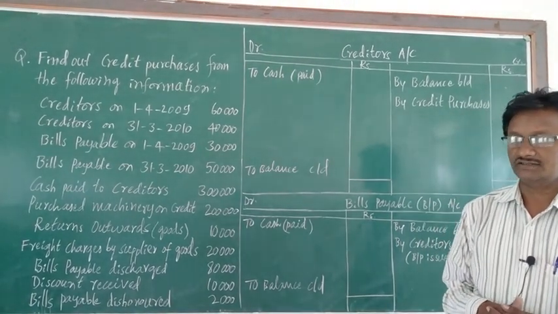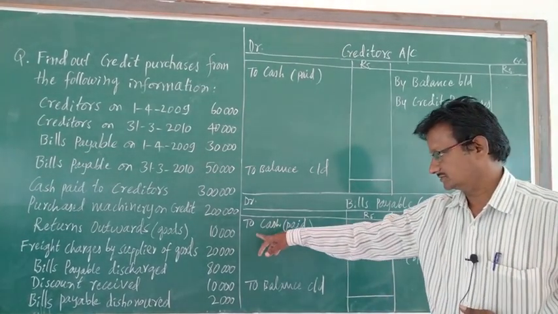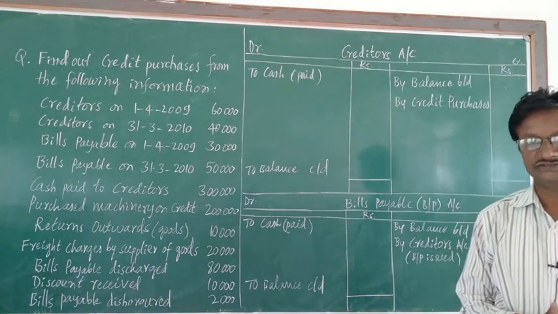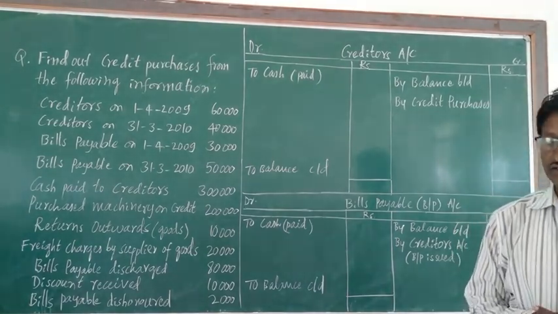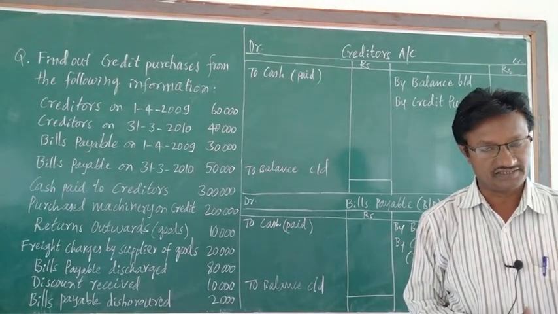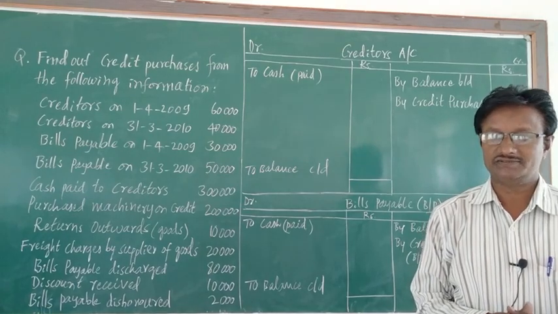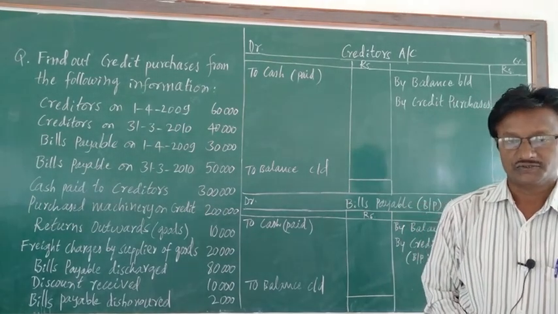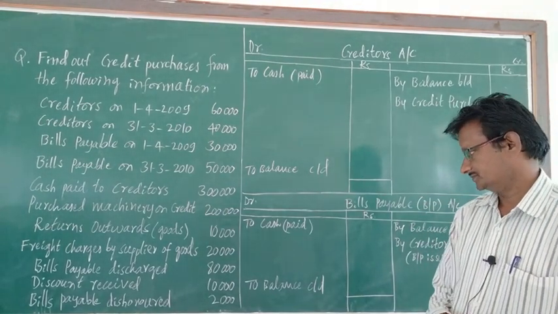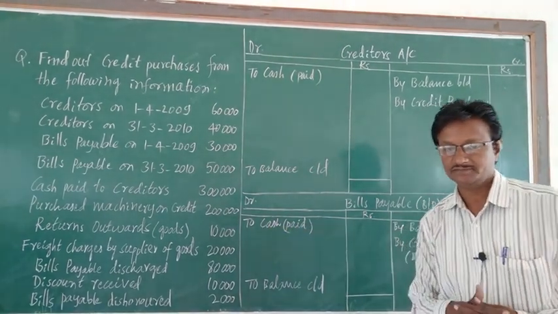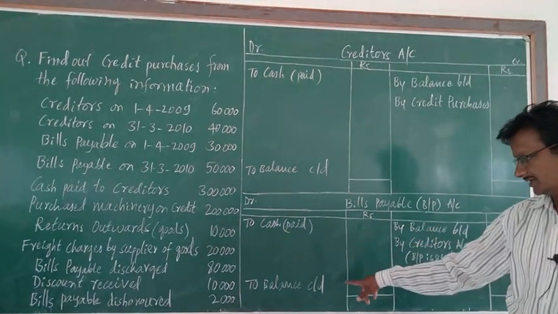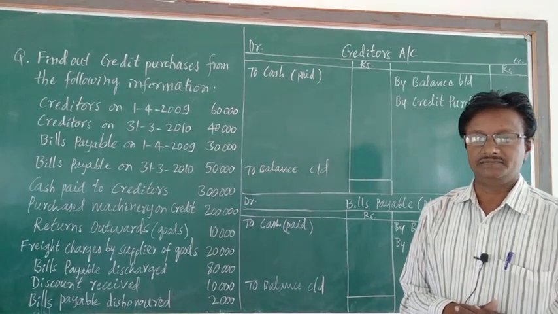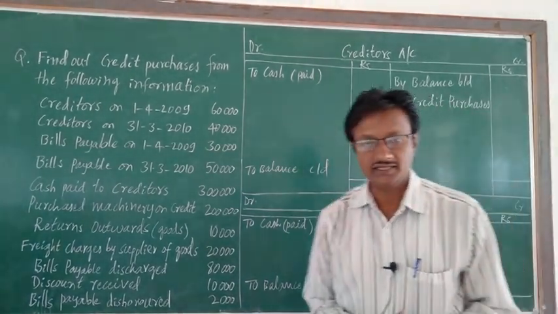So we have to write in bills payable account, when amount is paid on maturity of bills, bills payable account is debited and cash account is credited. So in bills payable account, we have to write as to cash paid. So opening balance and closing balance and bills payable issued and cash paid against maturity of bills. These are the four important items.